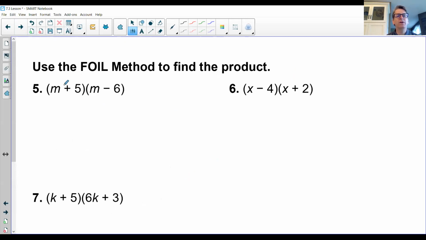All right, so there's just 3 extra examples for you to review on the video. M times M is M squared. Outer is negative 6 times M. Inner is 5M.